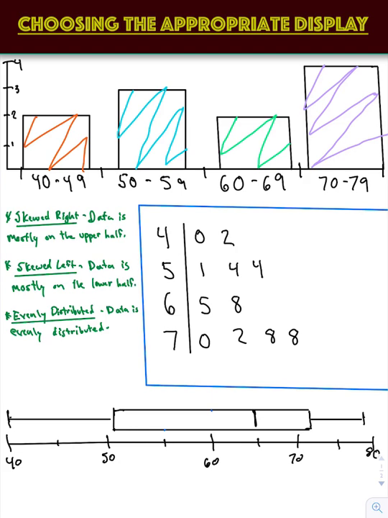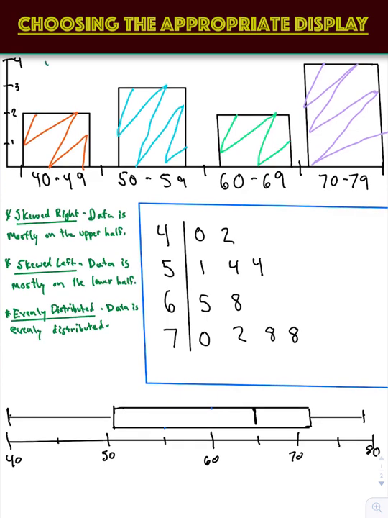With our histogram, what it does extremely well is it's a great visual display to quickly see the main points of a graph, the main idea.